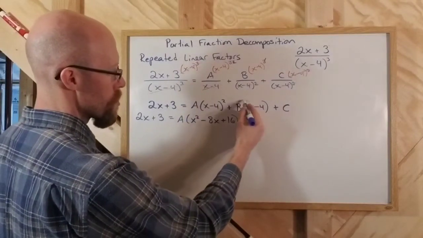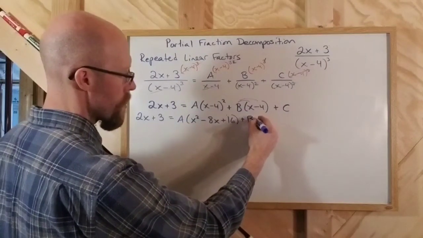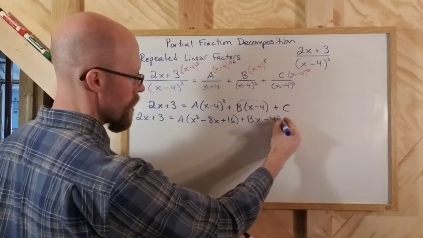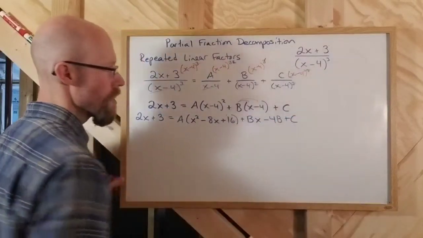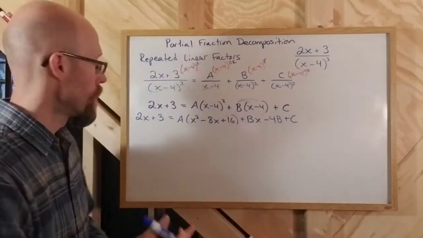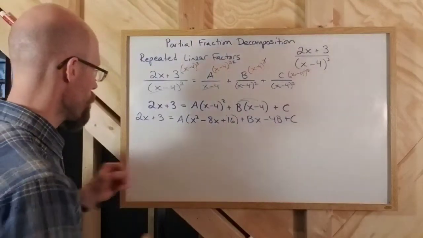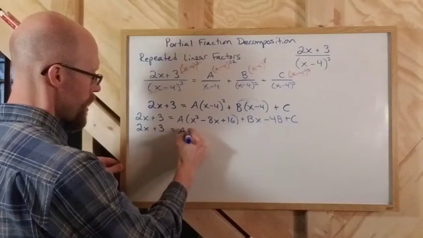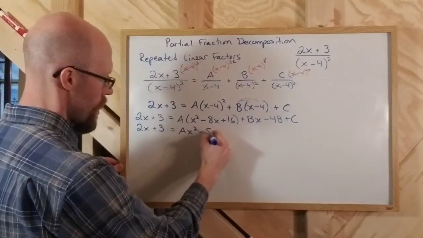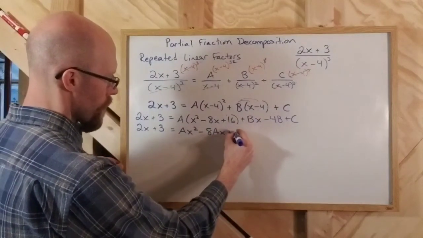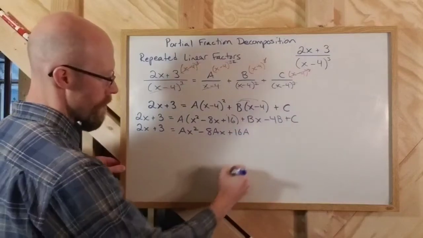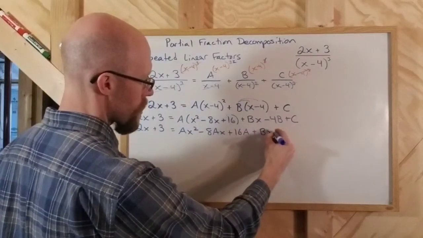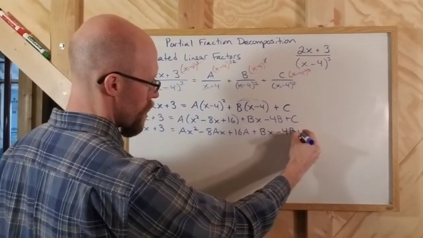Plus, here I'm going to distribute, that is Bx minus 4B, and then plus C hanging out on the end. I'm also going to distribute the A here, so we're going to get Ax squared minus 8Ax plus 16A plus Bx minus 4B plus C.